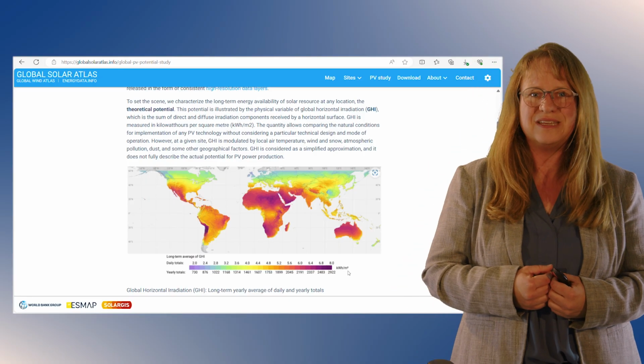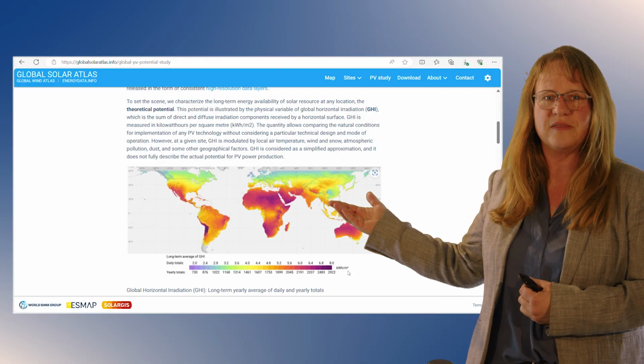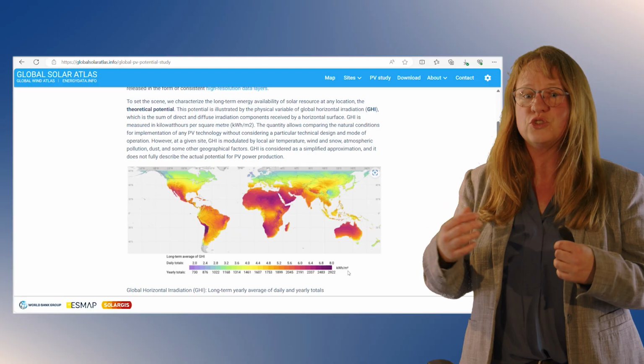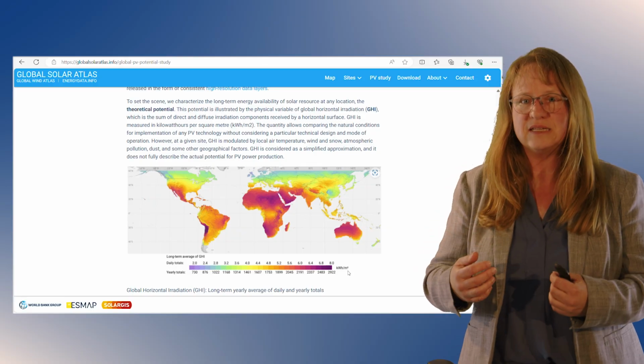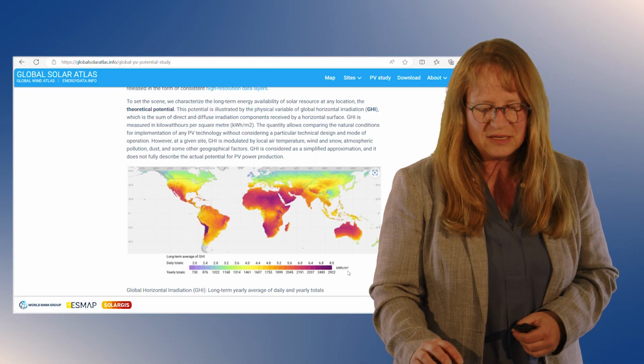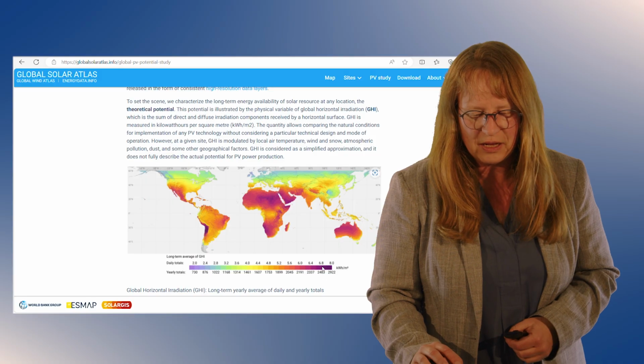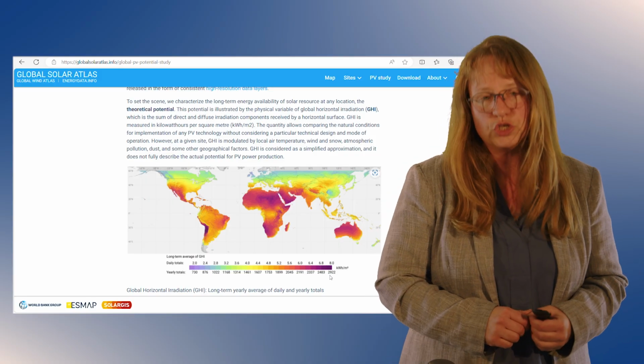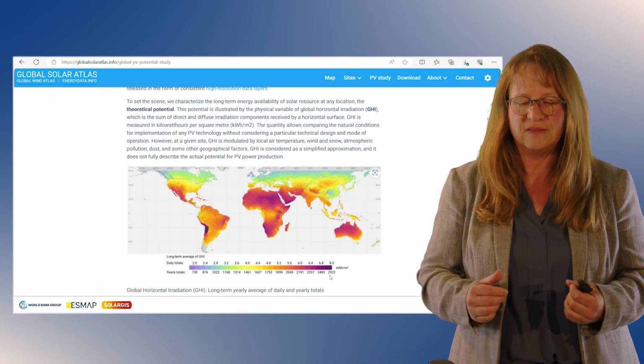And here you can see from this graph that, of course, here in the Sahara, where there's nearly no clouds and close to the equator, we have the highest available energy. And this energy is actually around 7 kilowatt hours per meter squared in the Sahara.